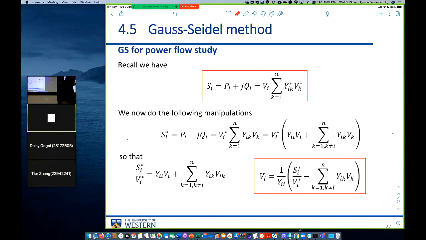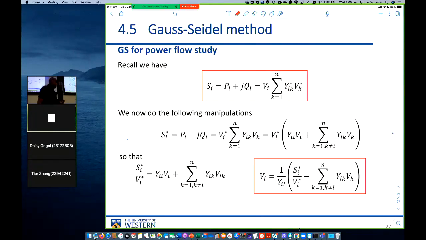How are you going to expand this out? Notice the summation goes from k equal to 1 to n, right? So when we expand, look at the summation on the right, it's the same summation except the term k equal to I. From that summation we have pulled out the term k equal to I. So when k equal to I, you have YII, because k is equal to I, multiplied by VI, multiplied by VI star.